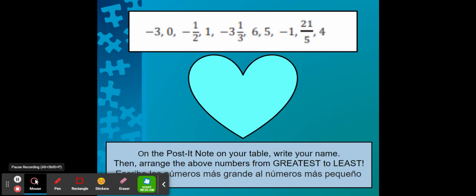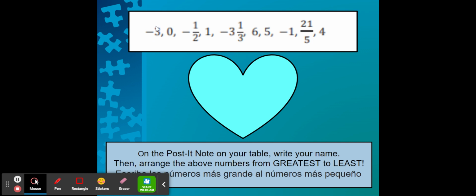So, as I was saying, complete exercises 5 and 6 on your own. Then, over in the student material zone, you're going to see some post-it notes. I want you, on your own, this is kind of like your exit ticket, to arrange these rational numbers in order from least to greatest. Now, pay very close attention.